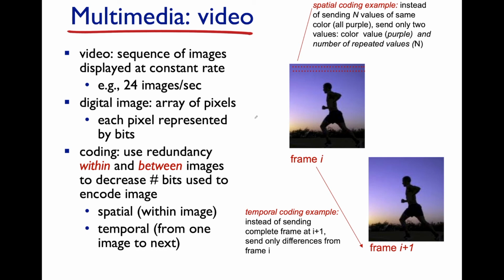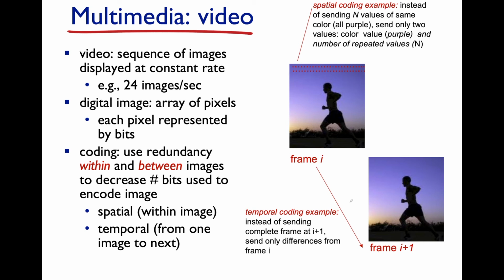Now, the other approach is so-called temporal coding. In temporal coding, when you have two images, certain parts of the image will stay the same from one time instant to the next. So from one frame to the next, rather than send both frames, just send the differences between the frames from some time instant i to some time instant i plus 1. By only sending the differences, you're only updating parts of the current picture, and you're sending much less data across the network.